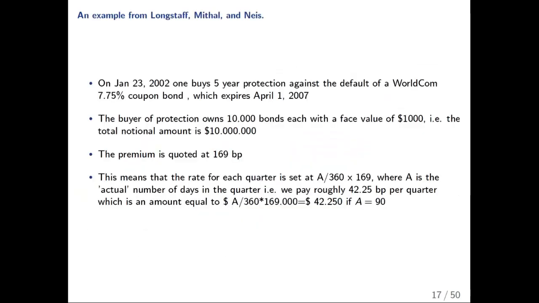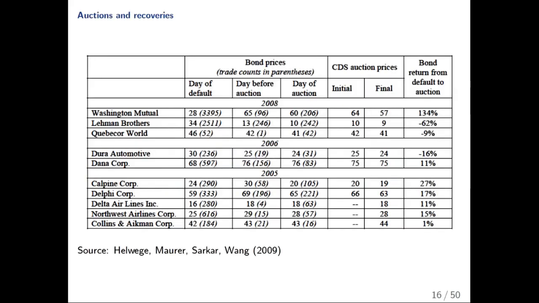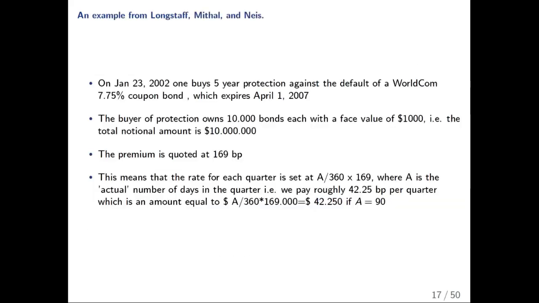An example here of a real-world CDS transaction that was conducted. This paper is also in the reading list, and it's a CDS protection which was traded in the early 2000s.